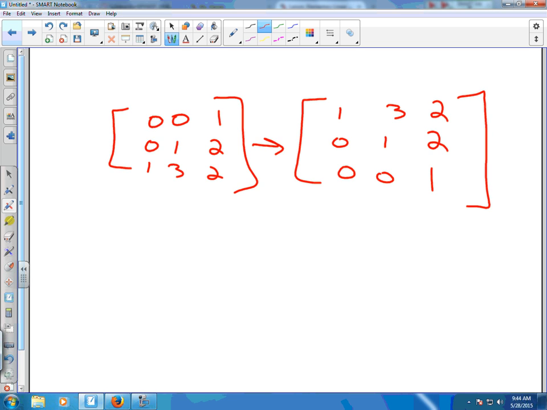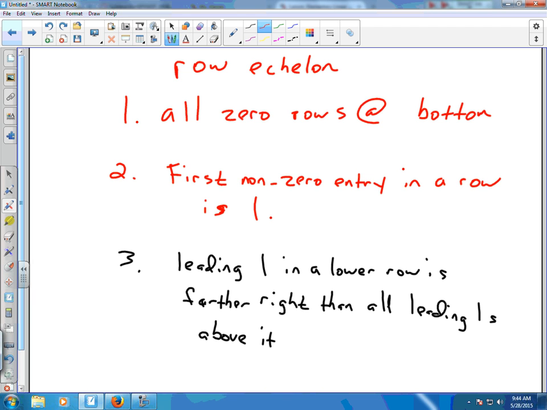Let's make an addendum to that. So that's row echelon.